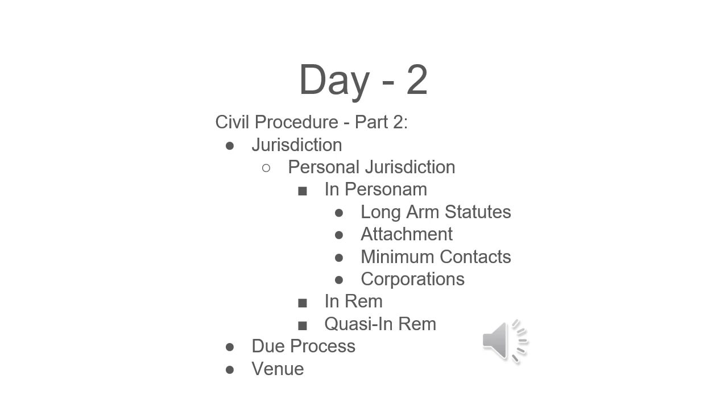If it's passive versus integral to the business, passive is less likely to confer personal jurisdiction, more integral is more likely to confer personal jurisdiction. As stated earlier, the court must have personal jurisdiction and subject matter jurisdiction. So the corporation must have minimum contacts with the jurisdiction.